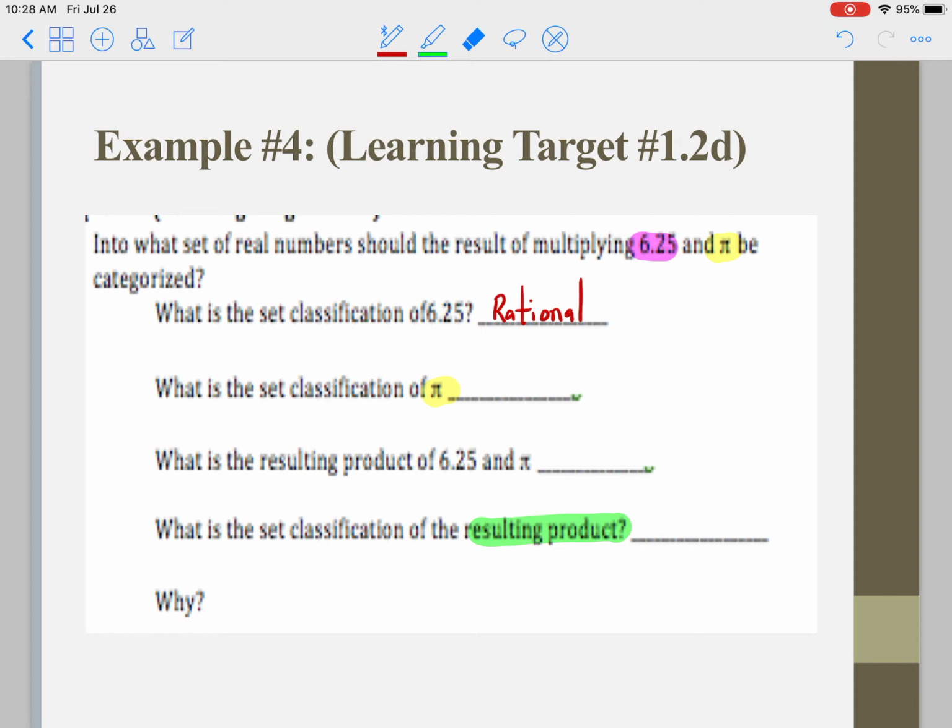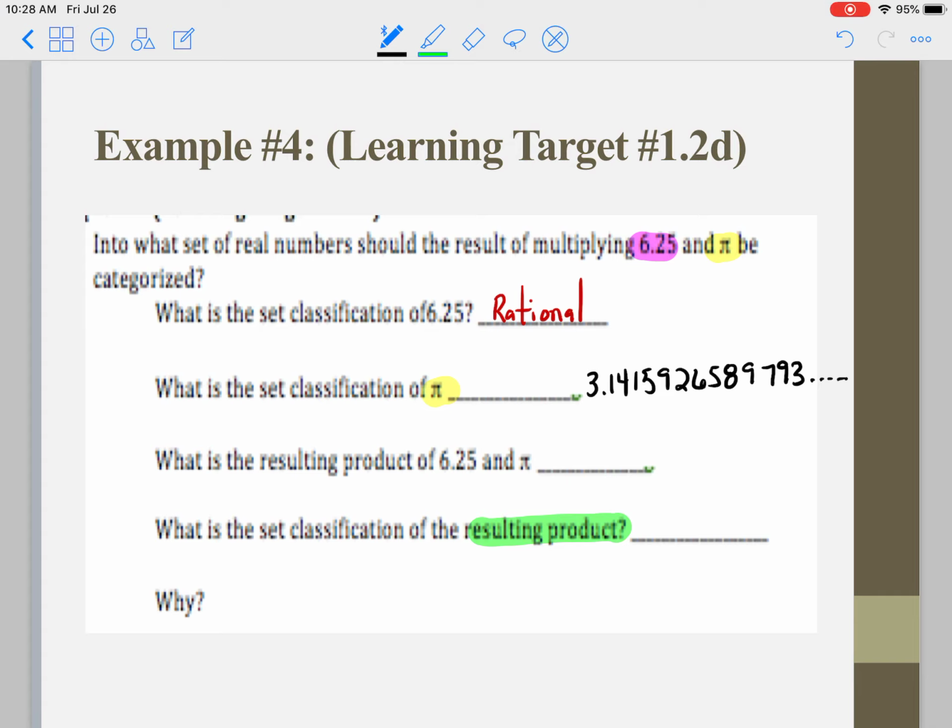Pi in its current form is not written as a decimal. If we were to convert pi into a decimal form, we would see that the decimal form is 3.14159265358932, and I could continue on forever.